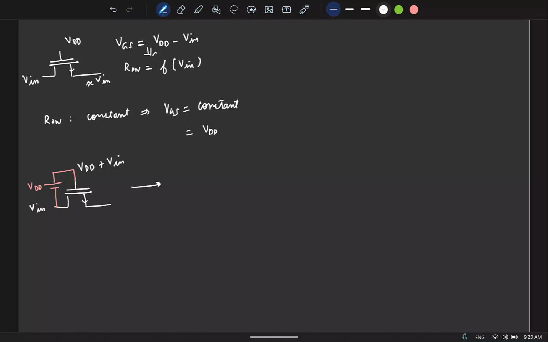So in principle, if I take a capacitor, charge it to VDD, and connect it across my switch, this will also work. If this voltage is Vin, the capacitor top plate will be Vin plus VDD. This is true as long as I don't draw any current from the capacitor. The moment I draw current, the capacitor will lose its charge and the voltage will be disturbed.